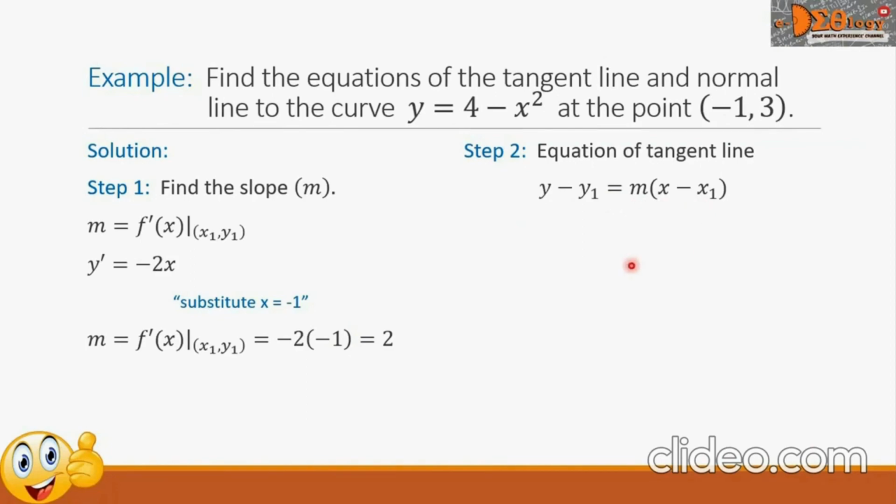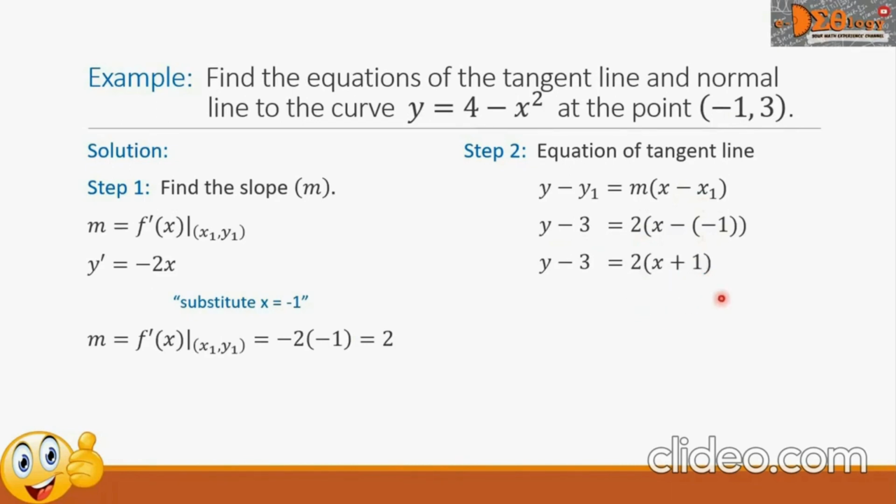Substituting the corresponding values, we have now y minus 3 is equal to, the m here becomes 2, times the quantity x minus our x sub 1, which is negative 1. Simplifying the right side, the negative times negative becomes positive. So we have positive 1 here.